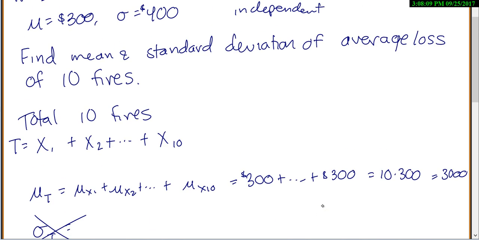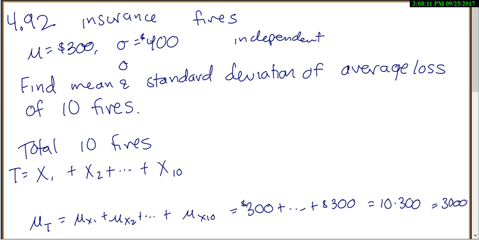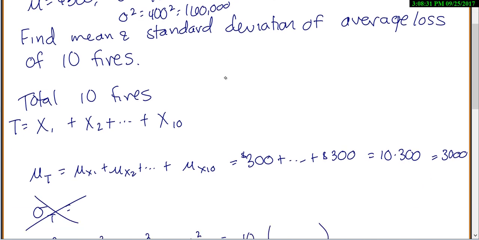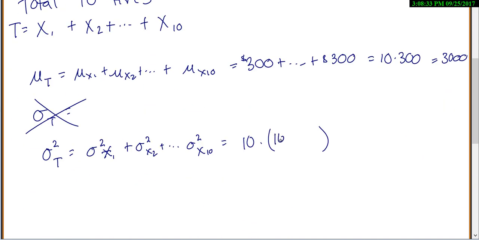We didn't actually find the variance. Let's come back up here. If my standard deviation was 400, then my variance would be 400 squared, or 160,000. So 10 times 160,000, which does give me 1,600,000.